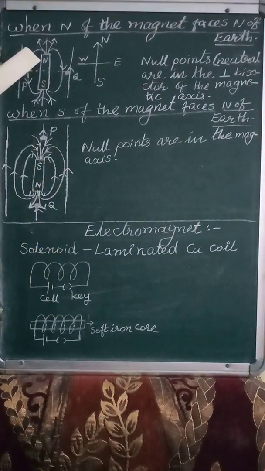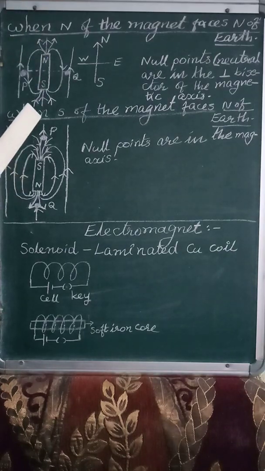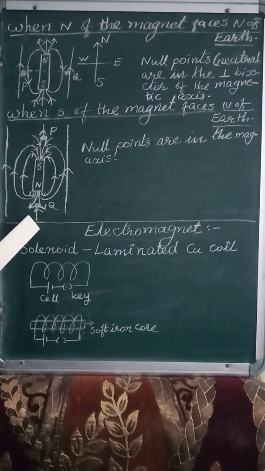But in the earlier case, they are on the perpendicular bisector of the magnetic axis. That is the difference, children. There the null points are on the perpendicular bisector of the magnetic axis. Here they are on the magnetic axis itself. So what is a null point?